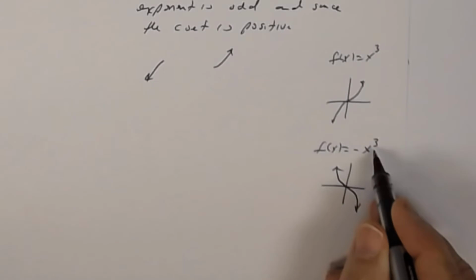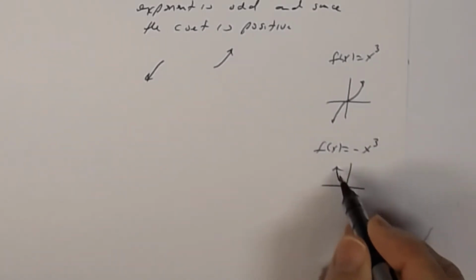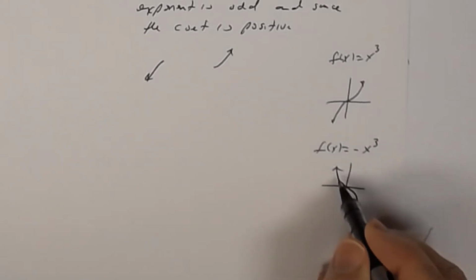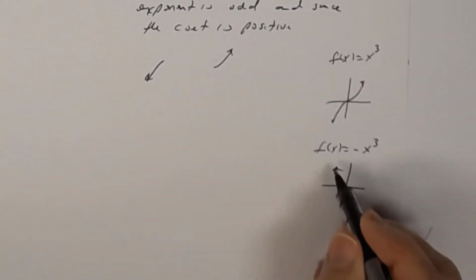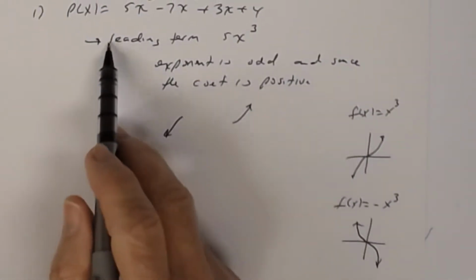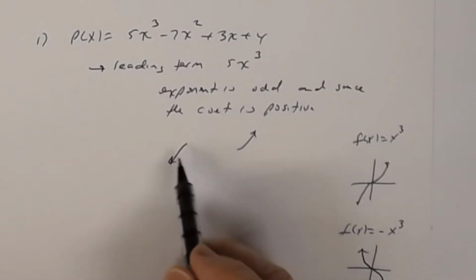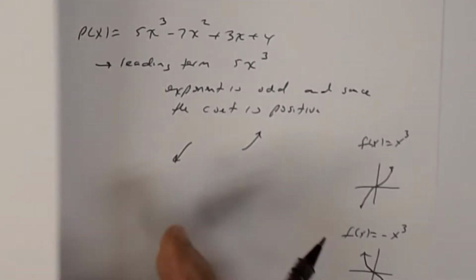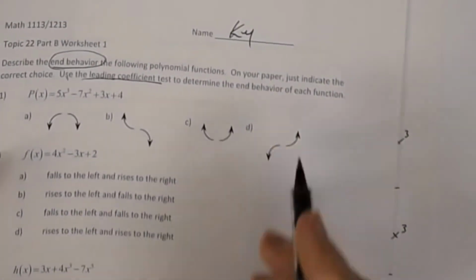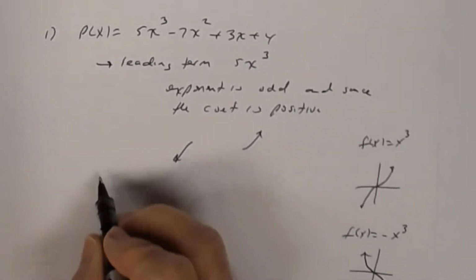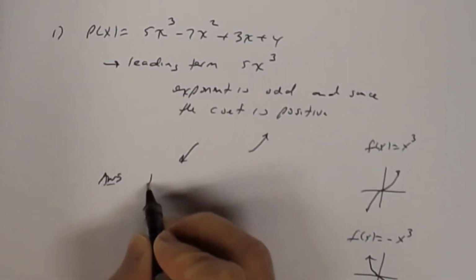Notice that the exponent's odd, so the arrows are pointing in different directions. Since the coefficient is negative, the left arrow points up and the right arrow points down. All right. So for number 1, this is the answer you would choose, this one right here. So the answer will be D.